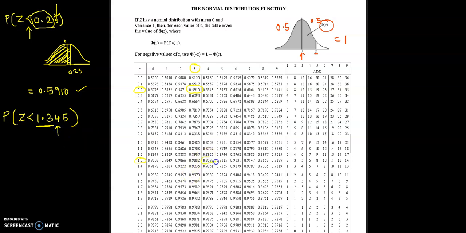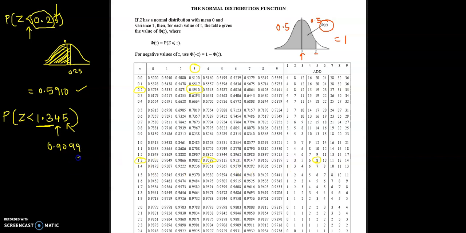So for column 4, I get 0.9099. But this is not my final answer because I have one more digit here. So for this digit, what am I going to do? Now continue along the same row to column 5 in the far right. So I get this value 8.